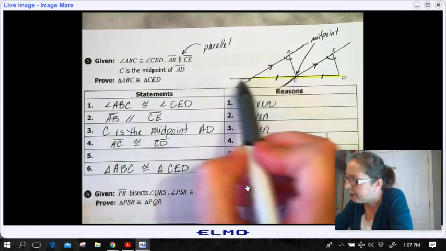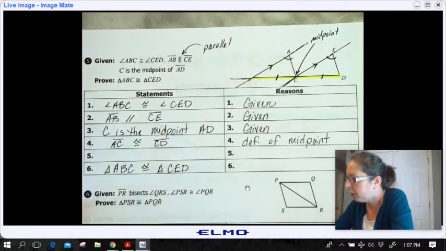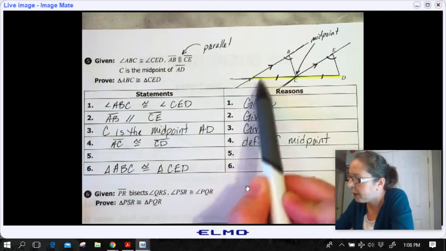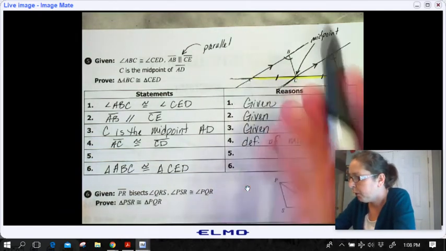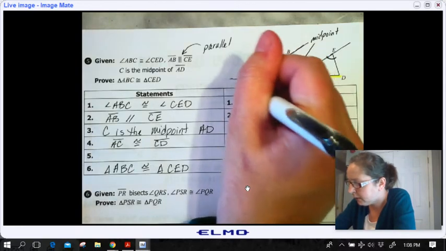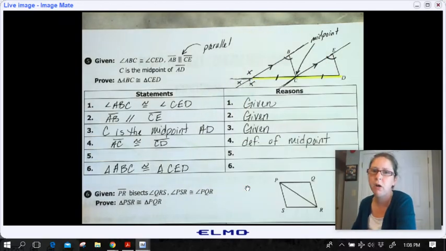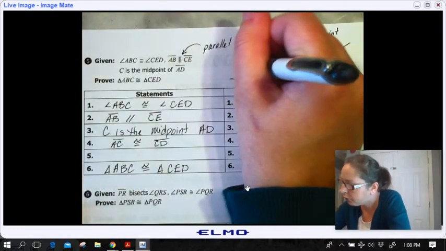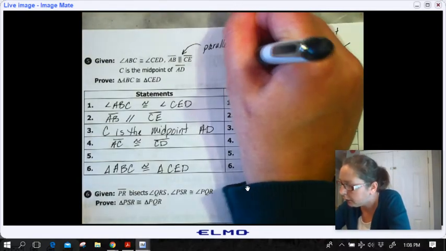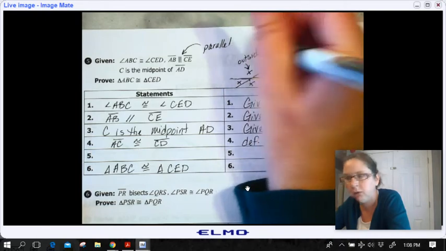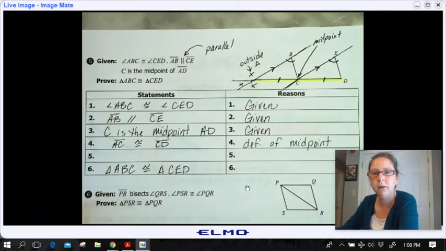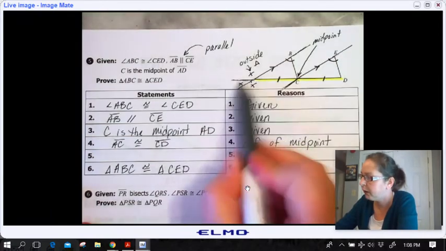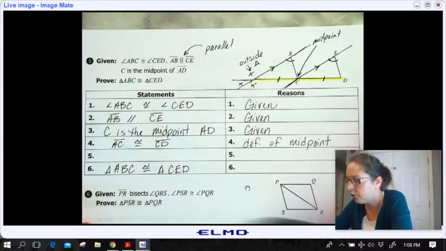What can I say? Well, I can only say something about something on this side and on this side. Well, this and this and this are all outside of the triangle, so they're not going to be included in this proof anywhere. The only side or part of this that I can really think about is what's inside the triangle.